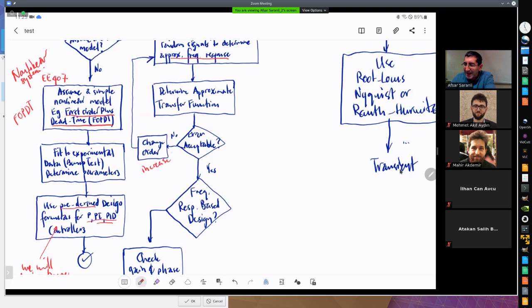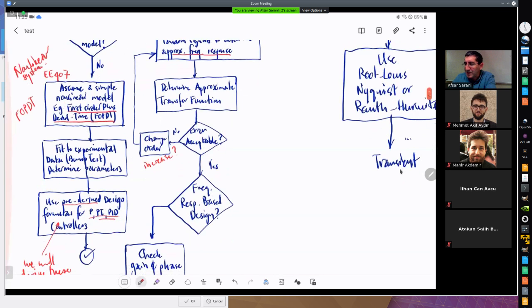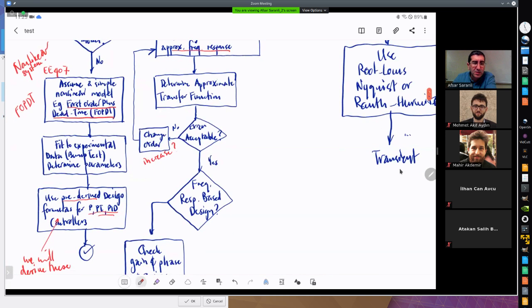Usually, if the error is not acceptable, you proceed by increasing the order and going through this process of fitting the model to the available data. So in the end, you will most likely have an acceptable error, and you have an approximate frequency response.